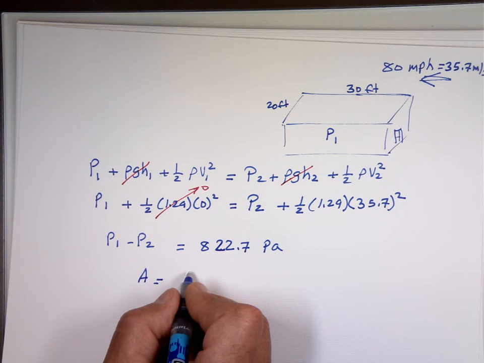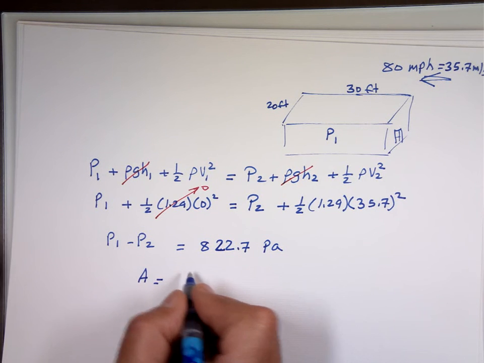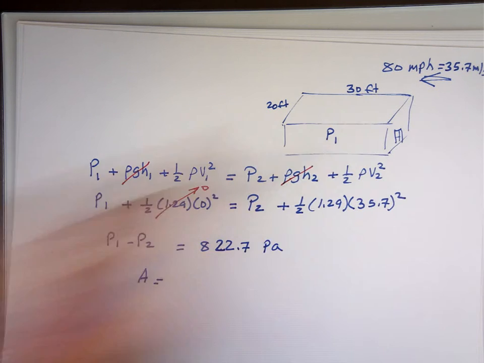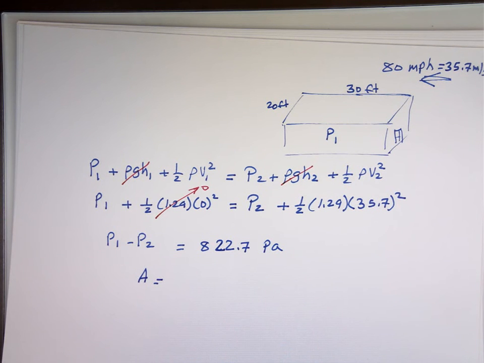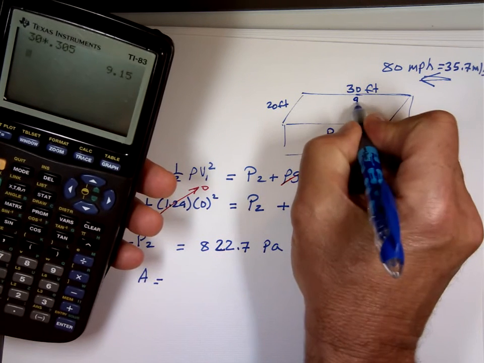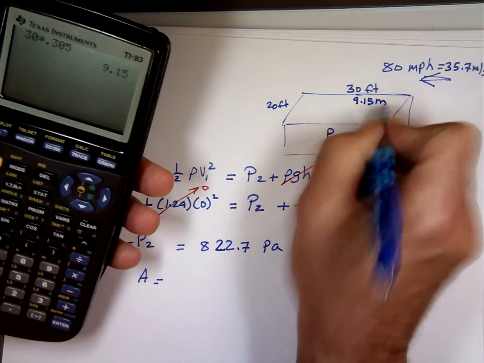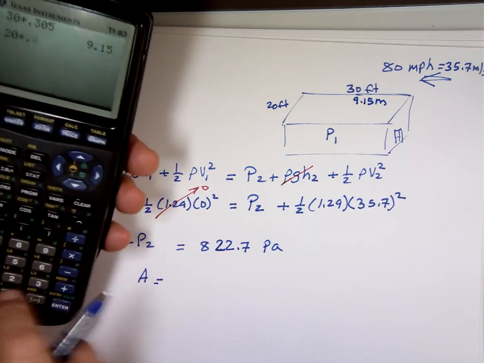Or 1 foot equals 0.305? 1 foot equals 0.305. Yep. So let's convert that by multiplying by 0.305. 30 times 0.305, that's 9.15 meters. And 20 times 0.305, that's 6.1 meters.